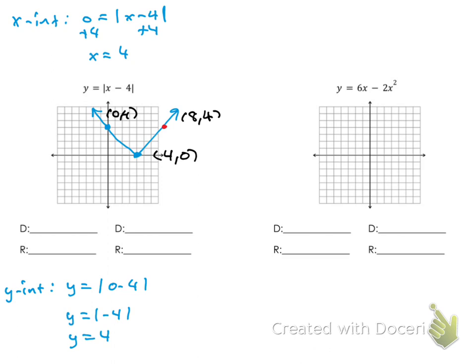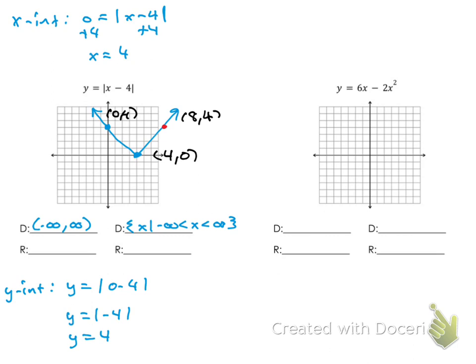So what would the domain be here? It would be infinite, all real numbers, right? That graph is going right and left forever. It will cover every single x value. Now for our range here, we're looking at the y values.